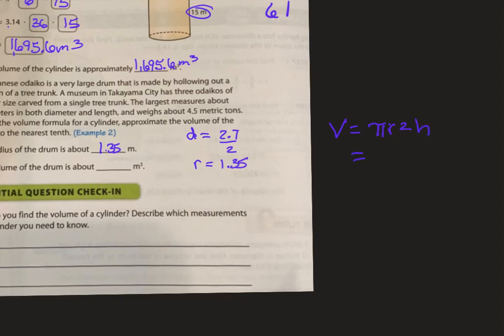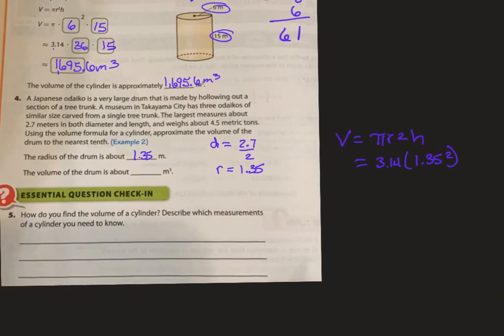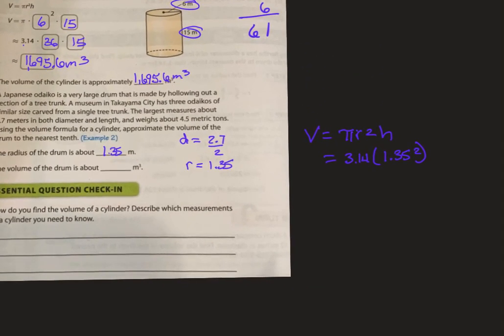We're going to use 3.14 for pi, and the radius is 1.35. We're going to square that times the height, which is the same as the diameter, 2.7. In your calculators, you're going to put 3.14 times 1.35 times 1.35, because we're squaring that, times 2.7.